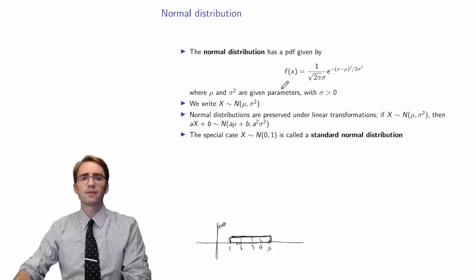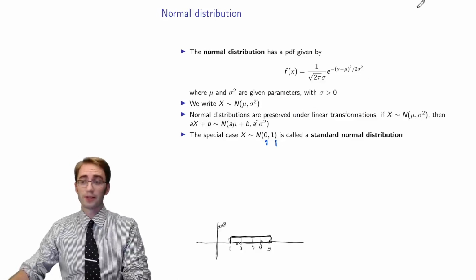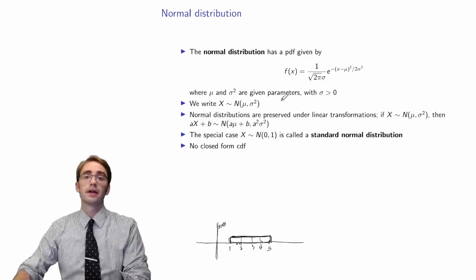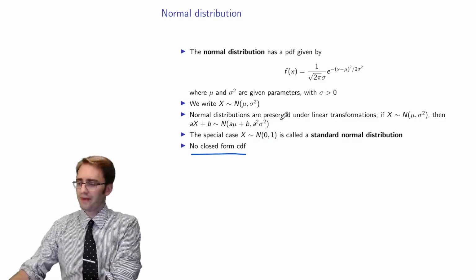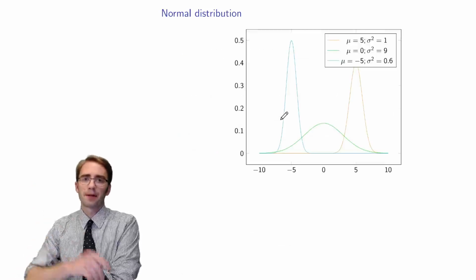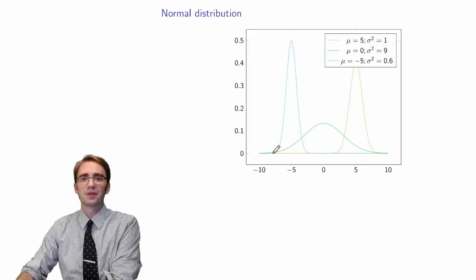The special case where mu is 0 and the variance is 1 is called a standard normal distribution. And there, as you may know, there is no closed form for the CDF. So that's all we have to say about that. The normal distribution looks like a bell curve, right? It's these things over here. You've seen normal distributions many times before, so I don't have a lot to say about those.